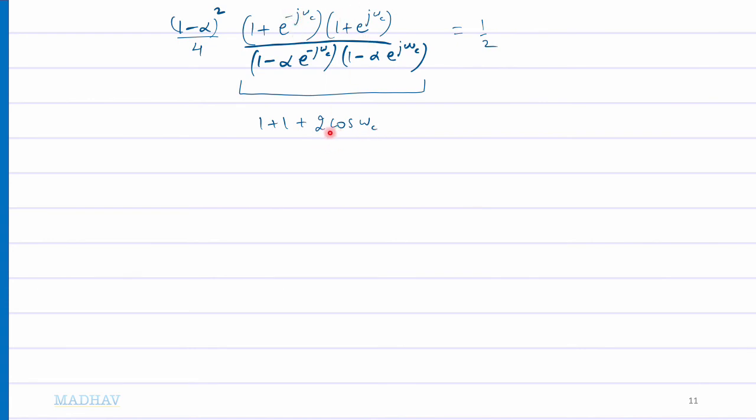It's twice the real part, it's twice cos omega c. And similarly in the denominator we get 1 plus alpha squared minus twice alpha cos omega c. Now put this in the whole equation, the whole thing becomes like this.